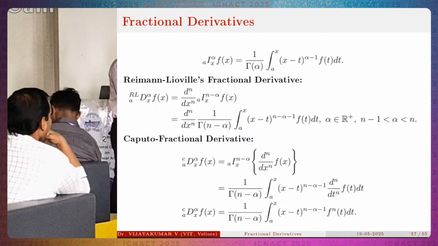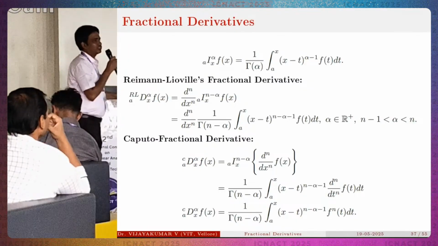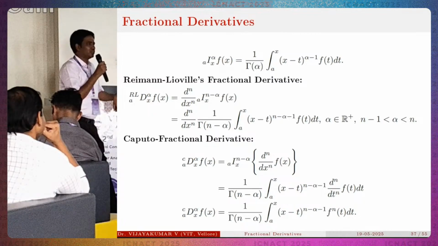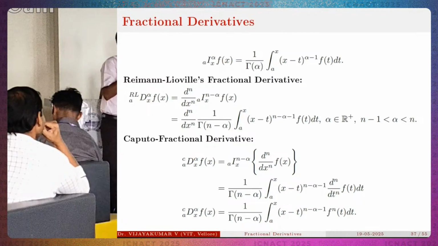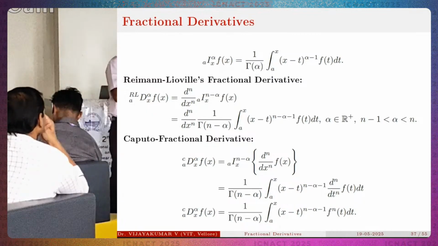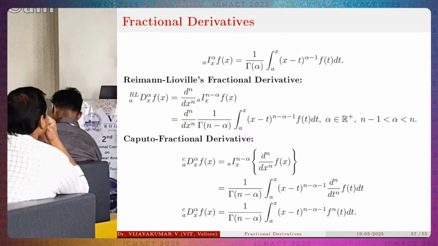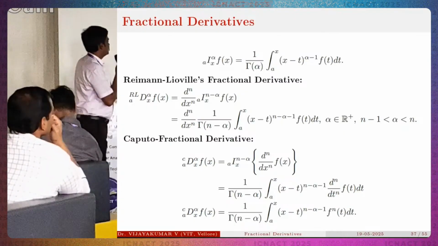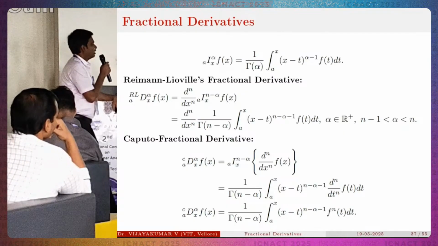But if you are applying the same thing in Caputo fractional derivative, we are able to reach 0. So we are not concluding Riemann-Liouville fractional derivative is wrong and Caputo is the only correct thing. No, it is one way, that is another. Which one is correct? Both are correct.